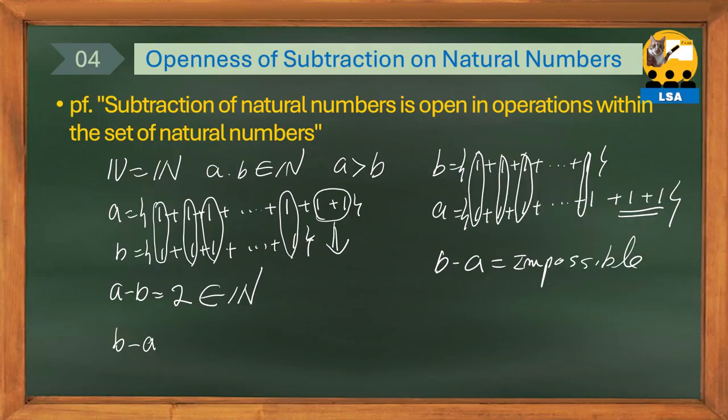Therefore, subtraction in this case is not closed. Thus, it proves that subtraction is not closed under the set of natural numbers. When we create negative numbers and complete integers later, we can complete this operation as minus 2. Did you understand well?